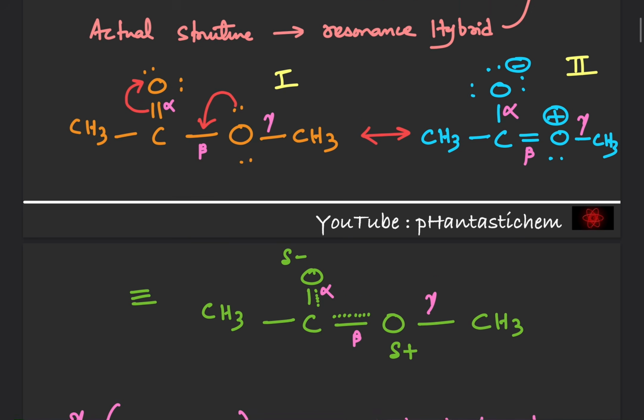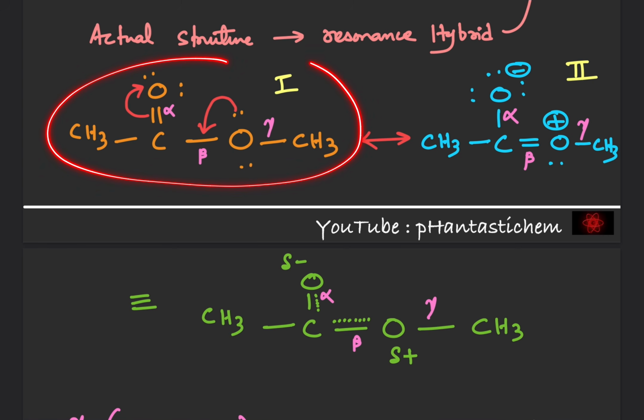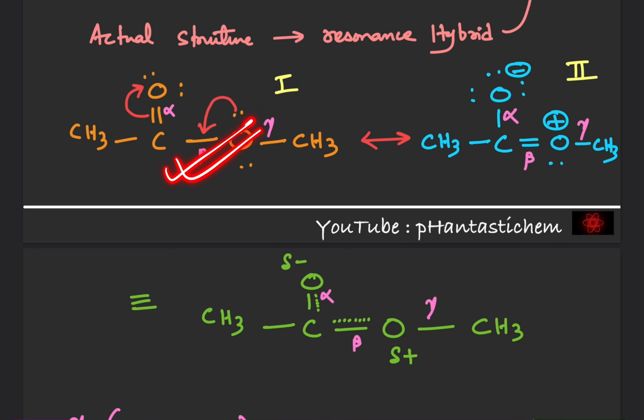And therefore structure 1, that is this one with no charge separation, is the main or major contributor towards the hybrid.